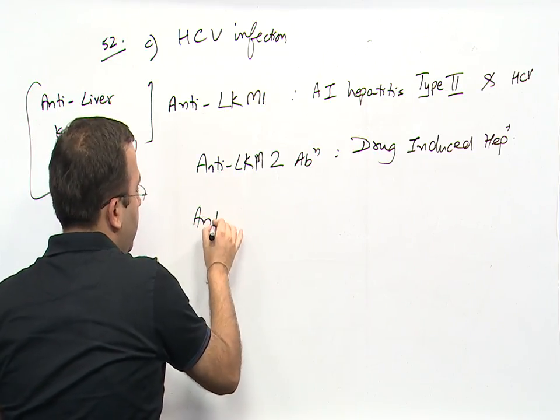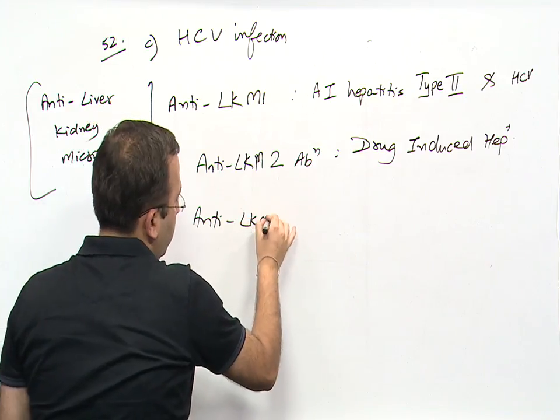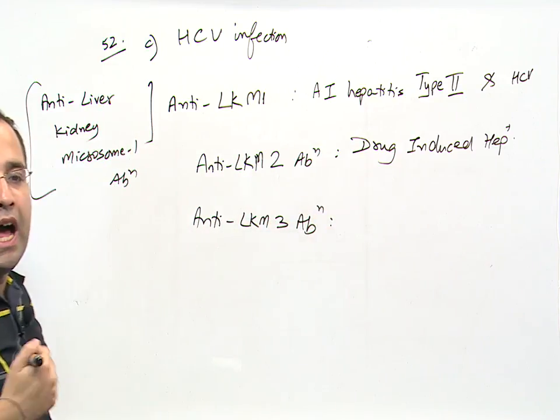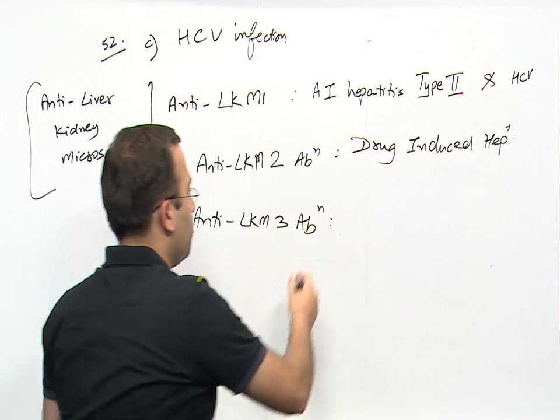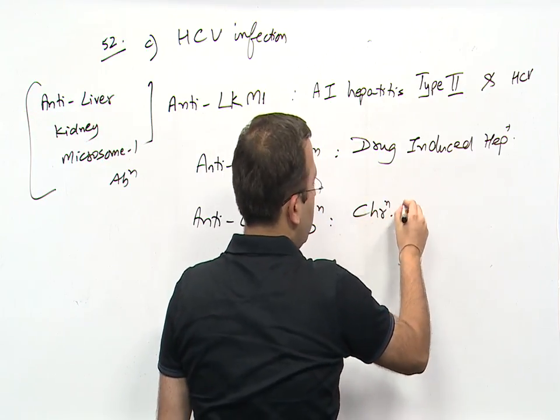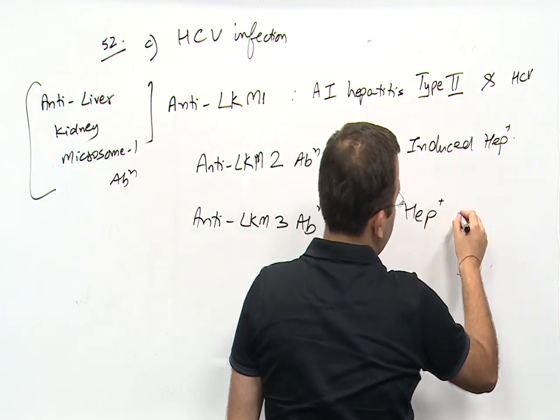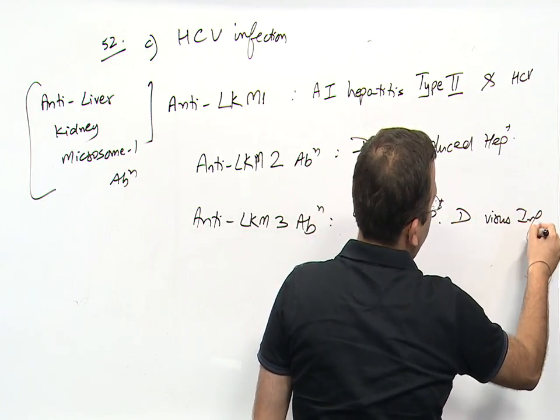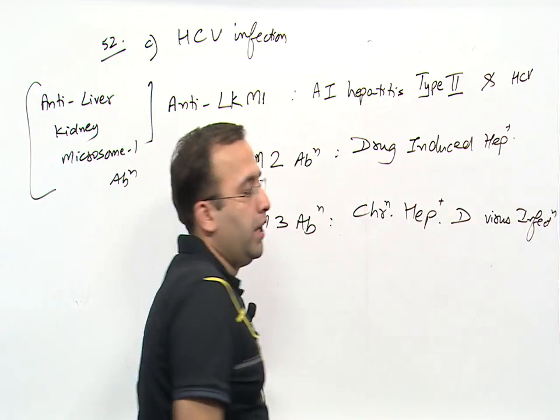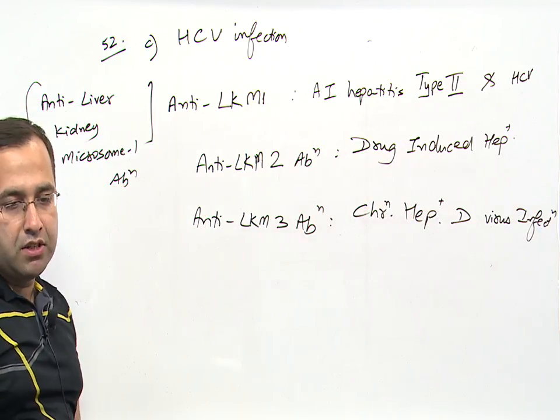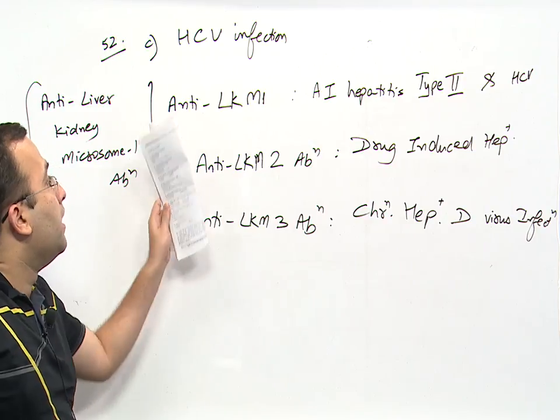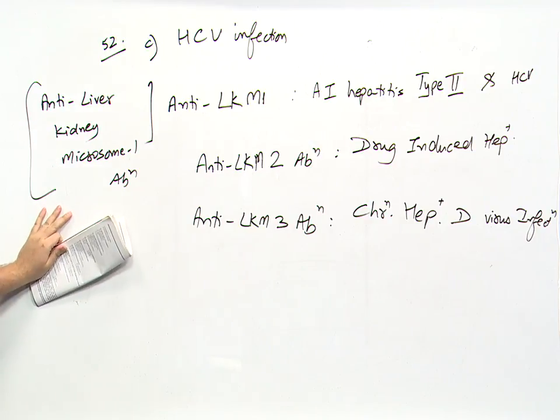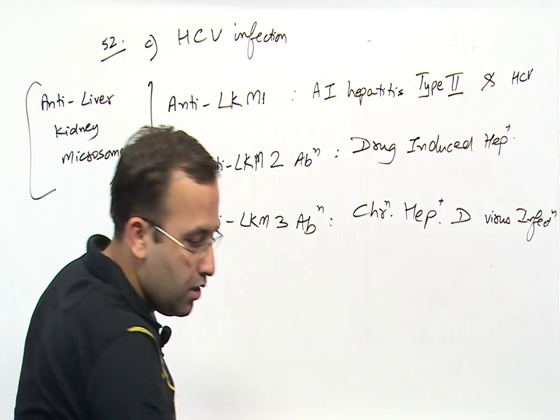Whereas anti-LKM3 antibody is seen in chronic hepatitis D virus infection. Plain and simple. Anti-liver kidney microsome 1 antibodies.